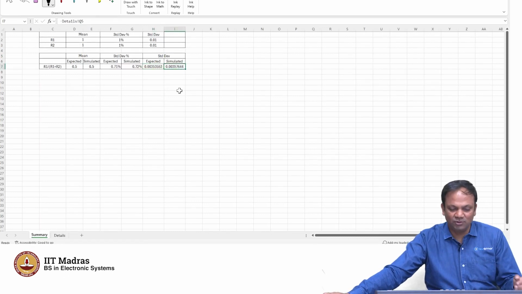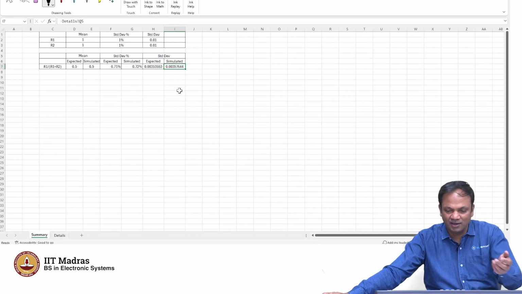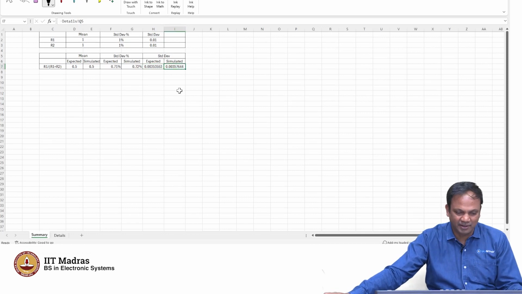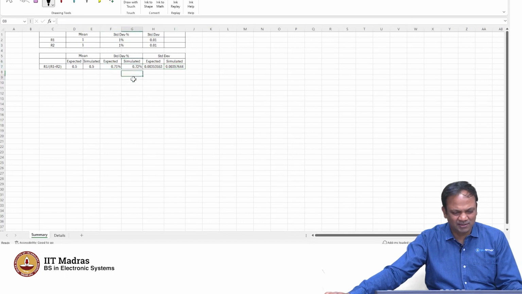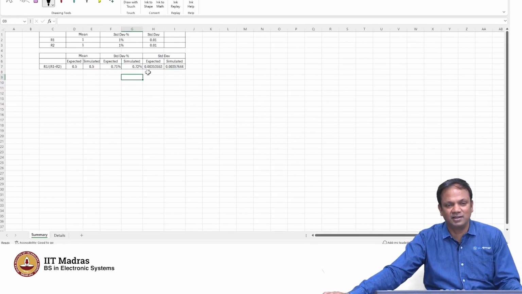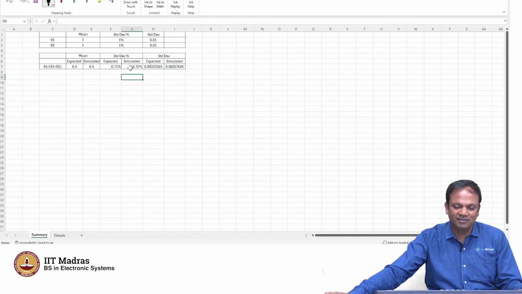The simulated value is what is coming from the Excel sheet that we have made. You can see that the numbers are very close: if you have 1% variation in the resistors and a resistive divider which is nominally half, then the standard deviation will be about 0.7%.